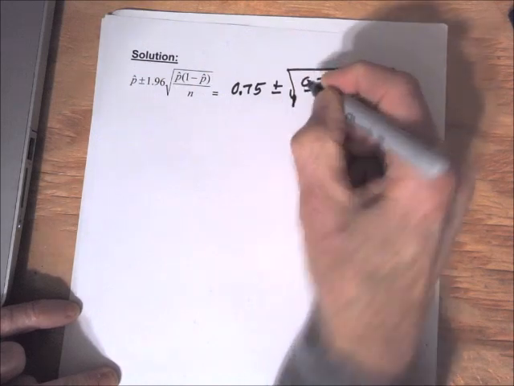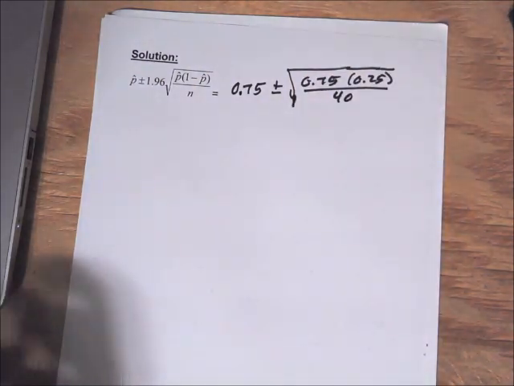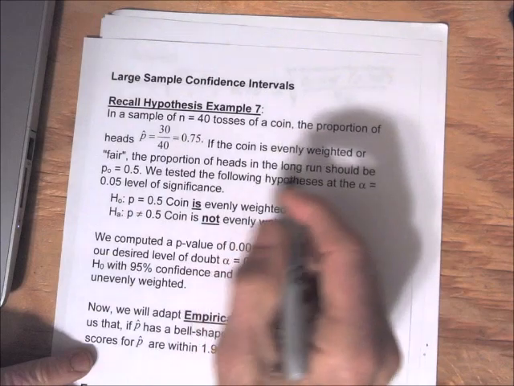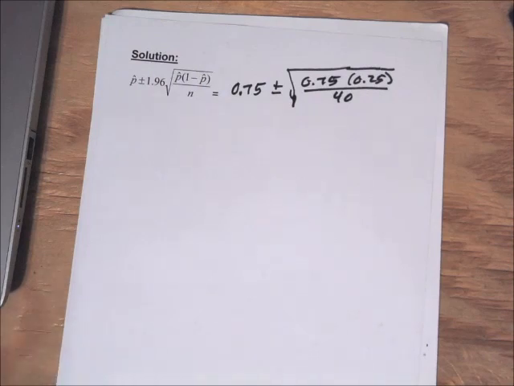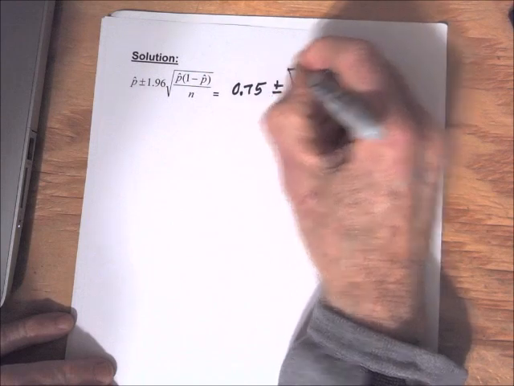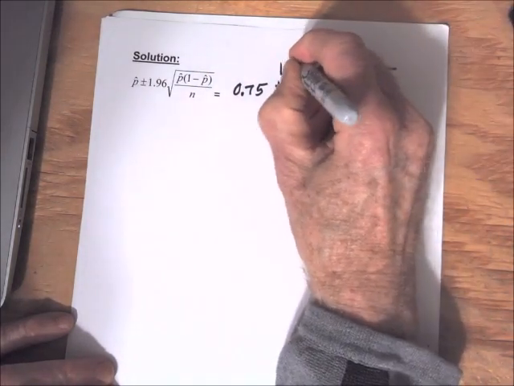That was all from the original information: we had n equals 40 tosses of the coin, the proportion of heads, p hat, 30 out of 40, or 0.75. Okay, I forgot the 1.96, so this is times 1.96.